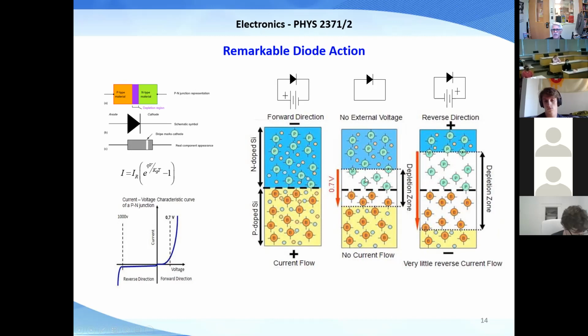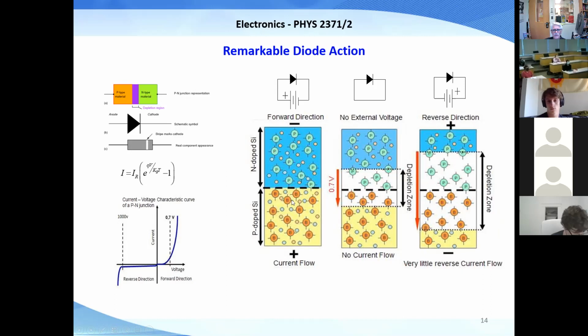And by the same token, because you put holes here, you're attracting electrons over here. So when you put a voltage on it, at some point you've filled up this depletion region back to where it was before you put the two pieces together. Okay, so when you forward bias it, you're just filling up the holes and electrons in the depletion region.